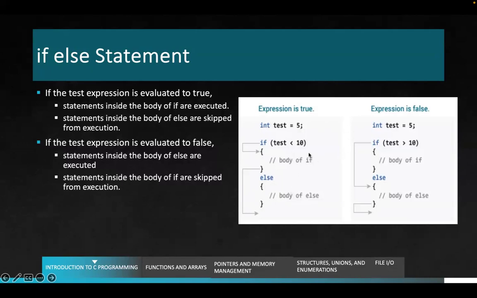If you see this example, the left part is the true expression, and the right part is a false expression. Let's say I have created a variable of data type integer assigned the value 5. If I write an expression stating that if my variable test is less than 10, then this condition is true, and the control will go inside the body of if and execute the statements inside the if.